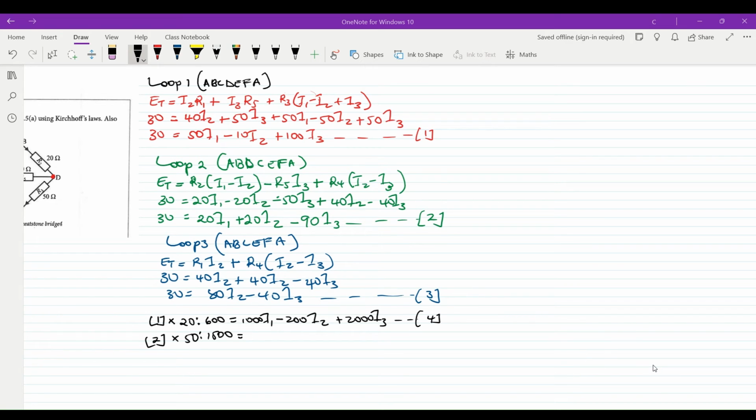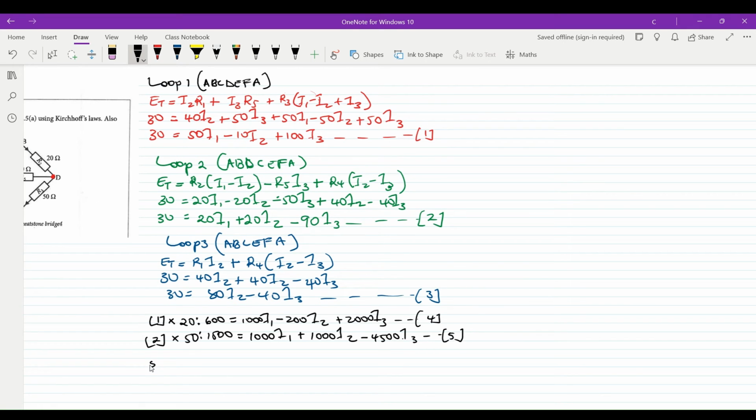We are going to get 1,000. 50 times 20, that is another 1,000. And then 50 times negative 90. We are going to get minus 4,500 I3. This is our equation 5.